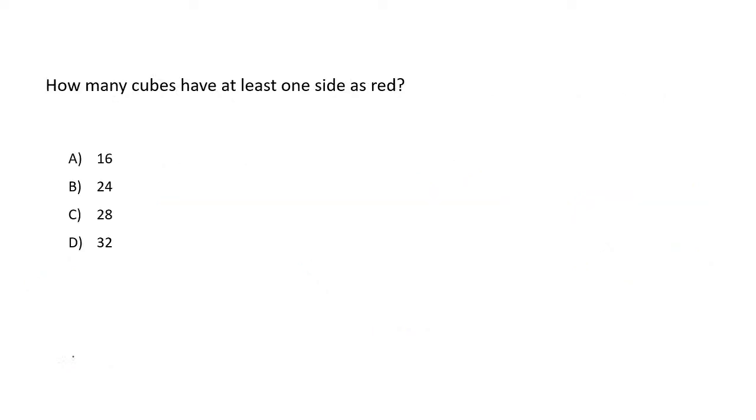Okay. And here the question is how many cubes have at least one side as red. At least. This is the key word here. At least one includes one side, two sides, three sides.